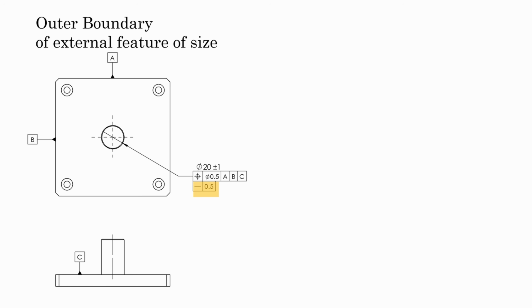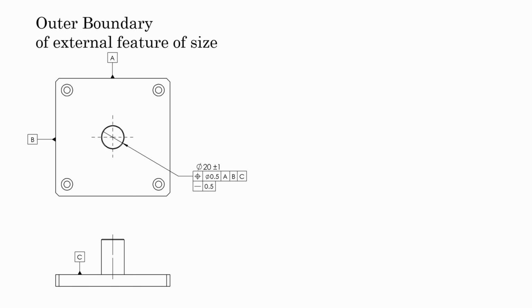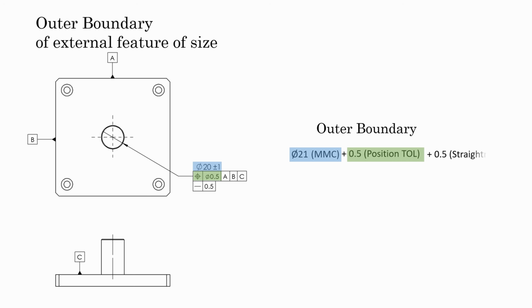However, if the straightness is applied to the size dimension of the feature of size, then GD&T Rule 1 is overridden, meaning perfect form at MMC is no longer required. Even at MMC at 21 mm, the pin can bend up to 0.5 mm, as we showed in the earlier example. So in this case, the outer boundary will be 21 mm MMC of the pin plus 0.5 mm position deviation plus 0.5 straightness deviation, making the outer boundary 22 mm.